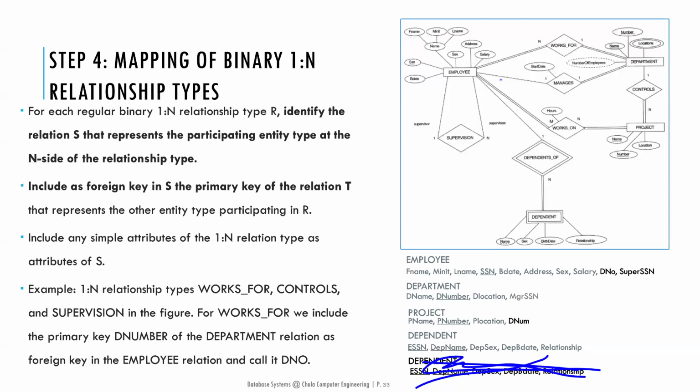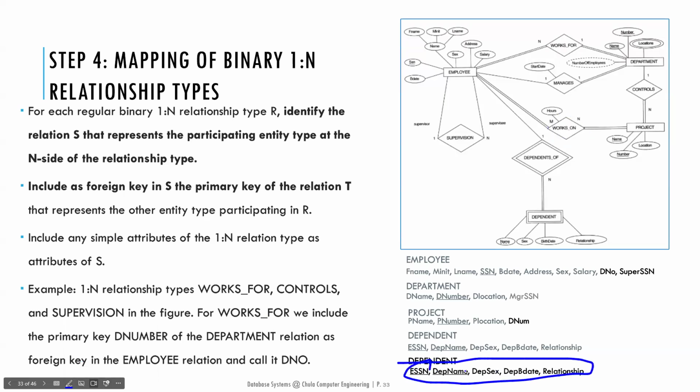Okay. Now, for m to n, let's take a look which one is n to n. It works for here, right? 1 to n. You have works. Oops, sorry. Wrong one. Let me clear. Okay, let me do it again.